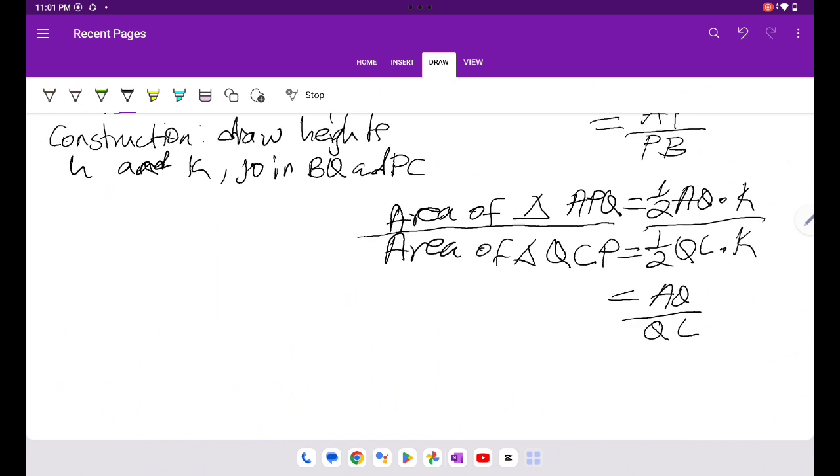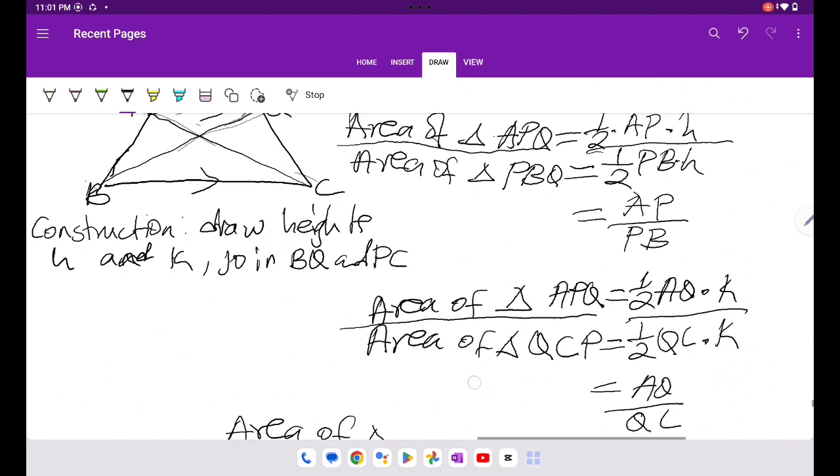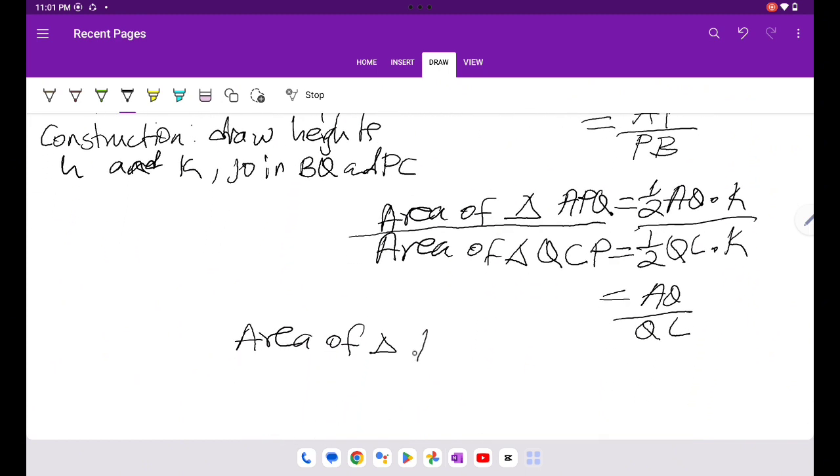We will say the area of triangle PBQ equals the area of triangle QCP.